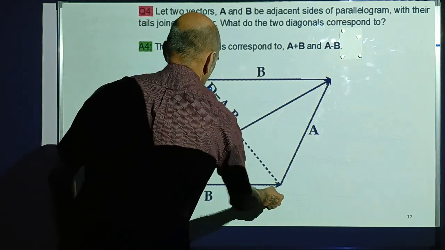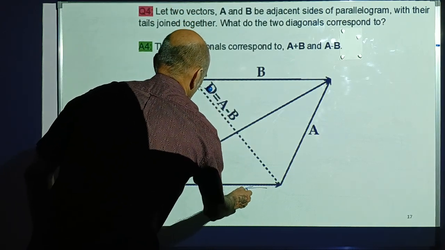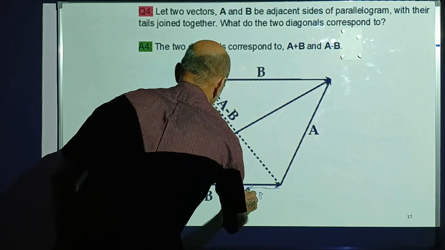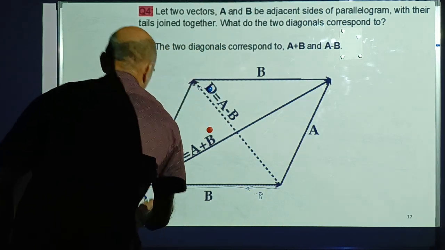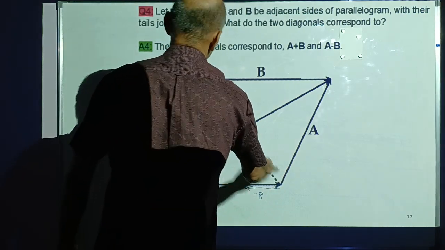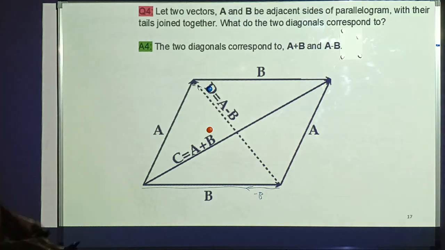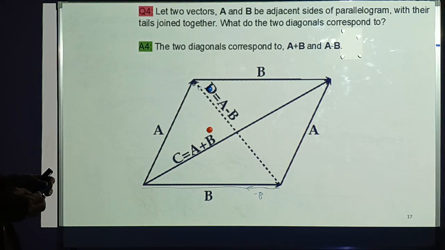This vector is A. This vector, if I reverse the direction, will be minus B. This vector from here to here is minus B. So this diagonal is between A and minus B. So this vector is A minus B. So one diagonal is A plus B, and the other diagonal is the difference of the two vectors, A minus B.